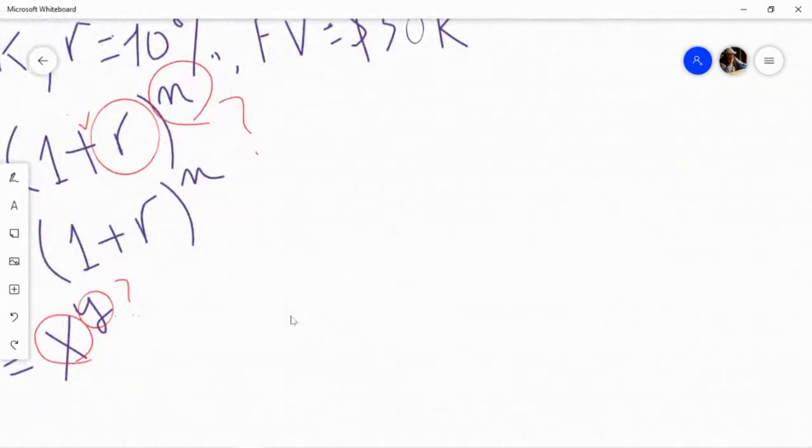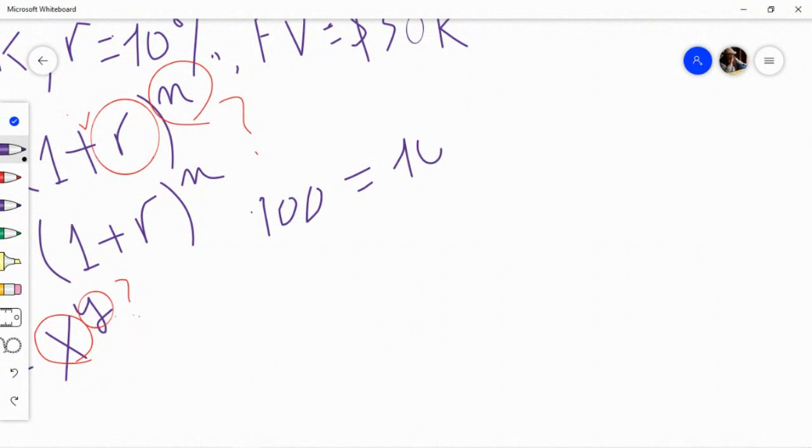We all know 100 is 10 squared, and 1000 is 10 cubed.